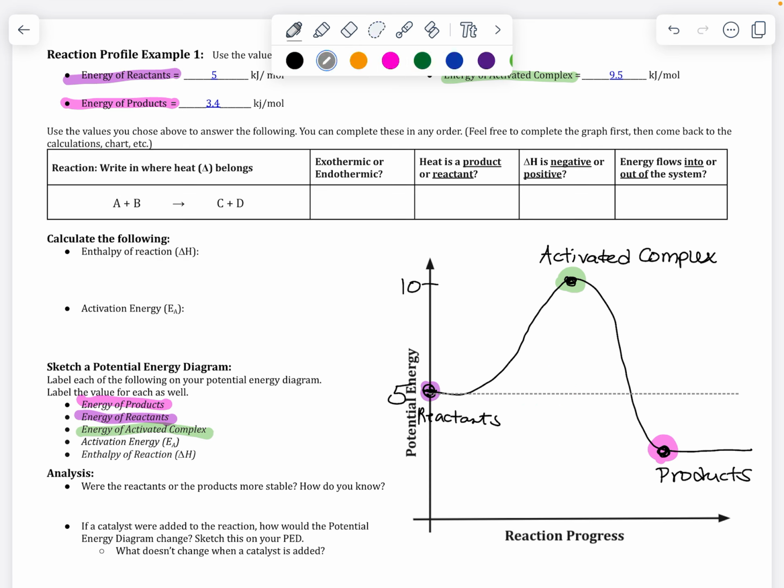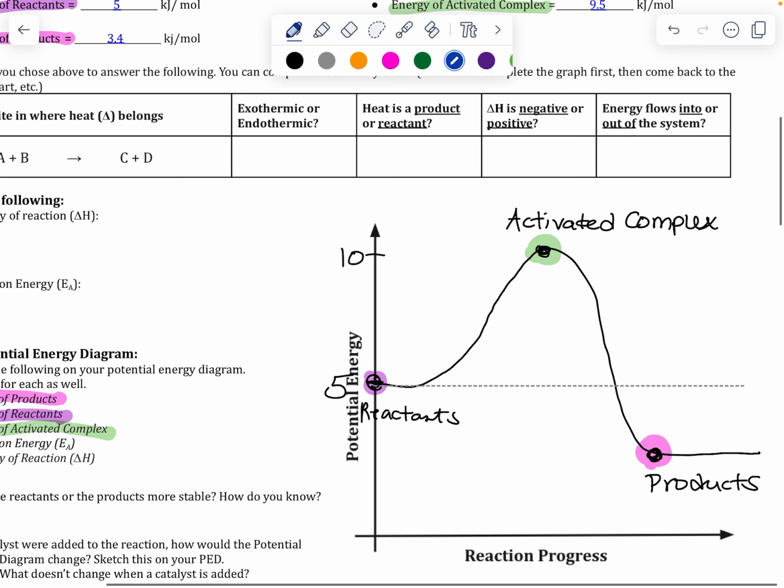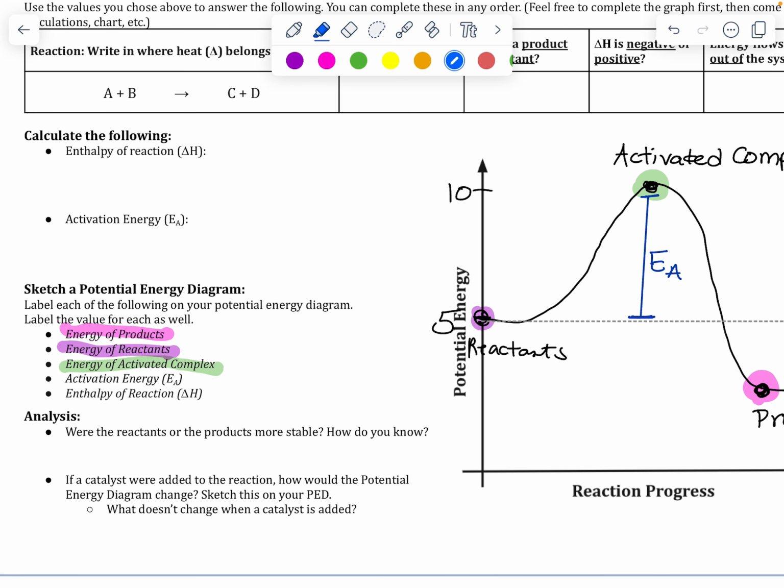So for that first one, our activation energy is whatever we start from the reference line at the reactants, and then we go up to our activated complex. That's going to be my activation energy. That's where I see it on my graph. And then my enthalpy of reaction, I'm going to do that in red.